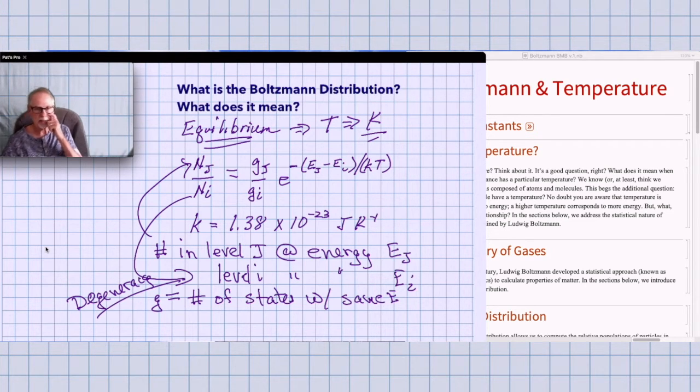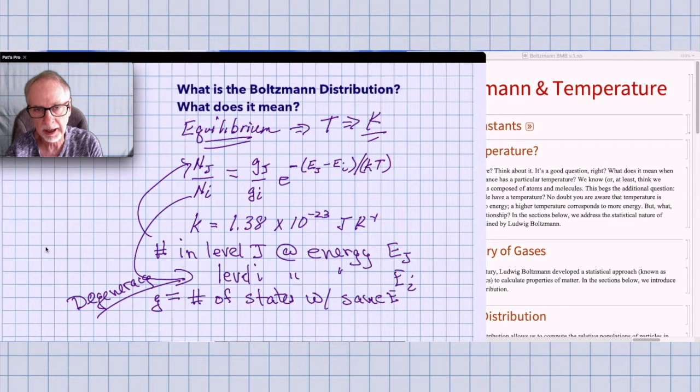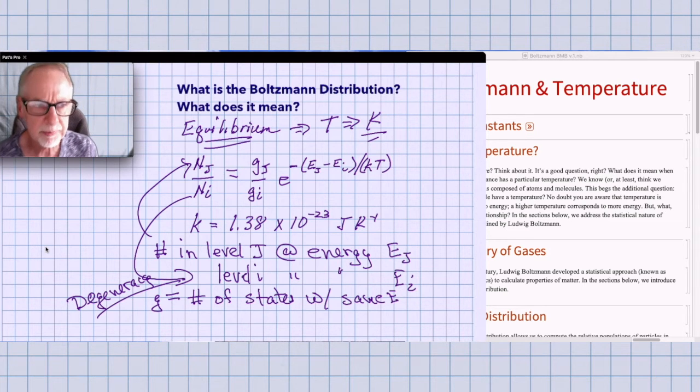So that's what we mean when we talk about degeneracy. We'll look at some specific examples of that, and we'll see how we can have multiple states which have the same energy, and vibrations would be one of those, which we might talk a little bit about in a few minutes. And then we'll look at some specific examples and what that means a little bit later on.